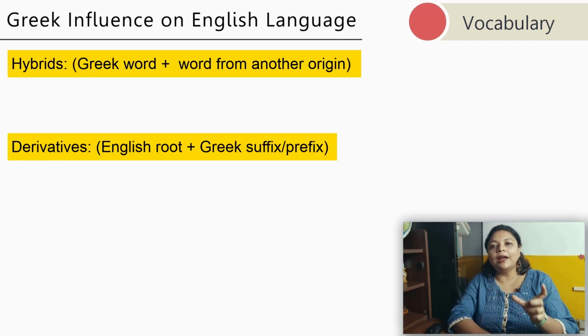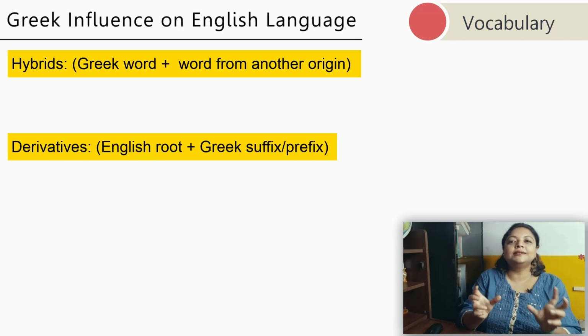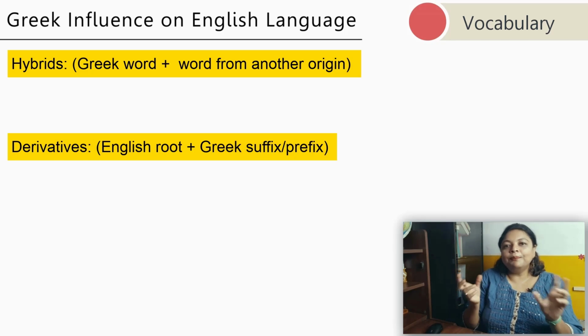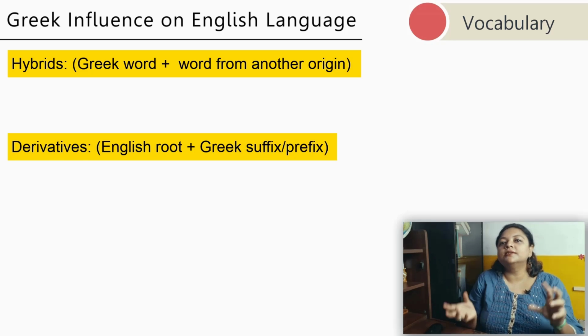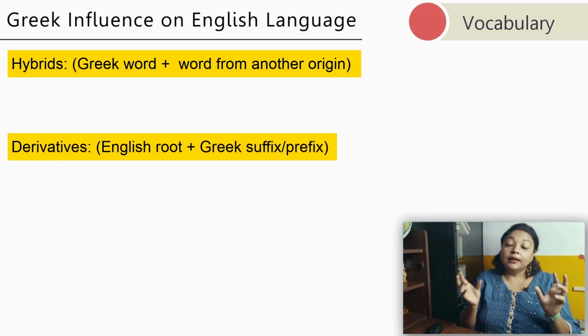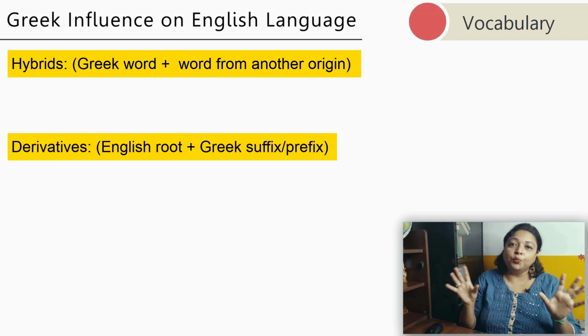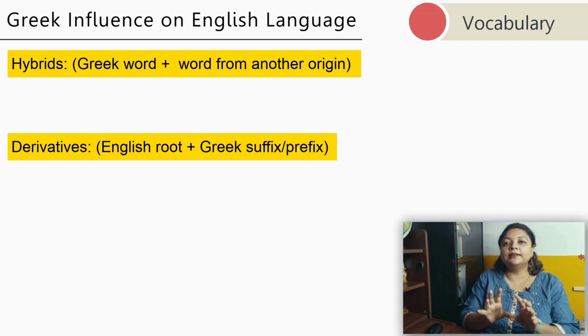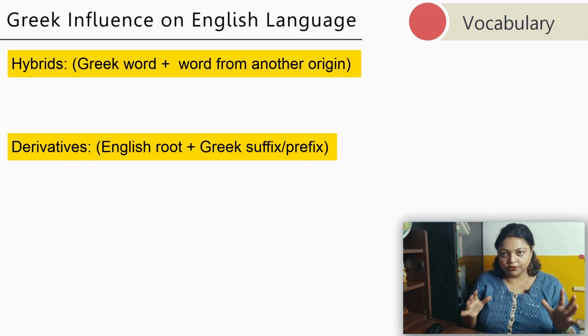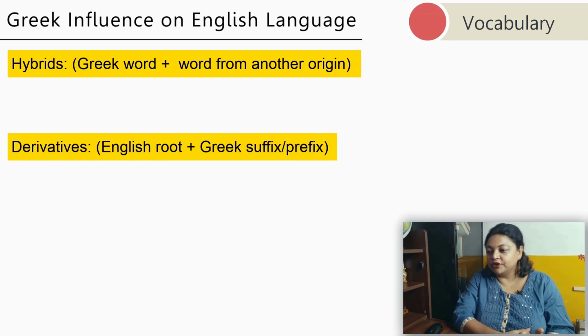In hybrids, you have two or more distinct parts which may or may not serve as prefixes or suffixes to each other. They might be two separate words which come together to form a new word, that is a hybrid. So in this way, hybrids are different from derivations.